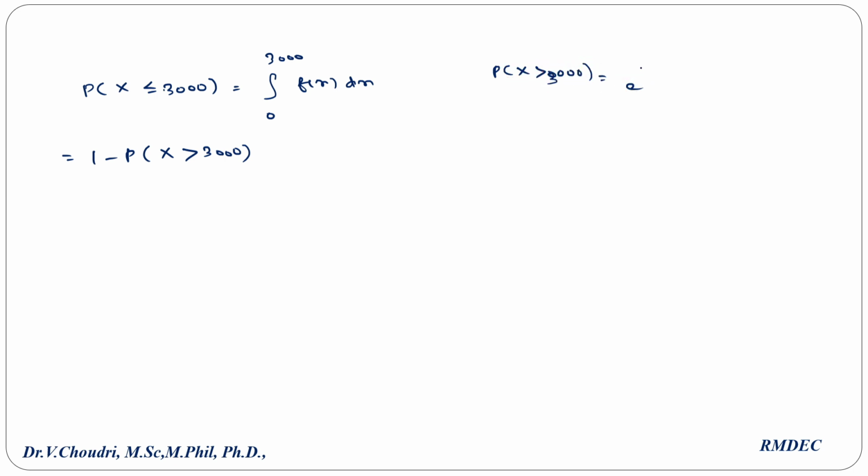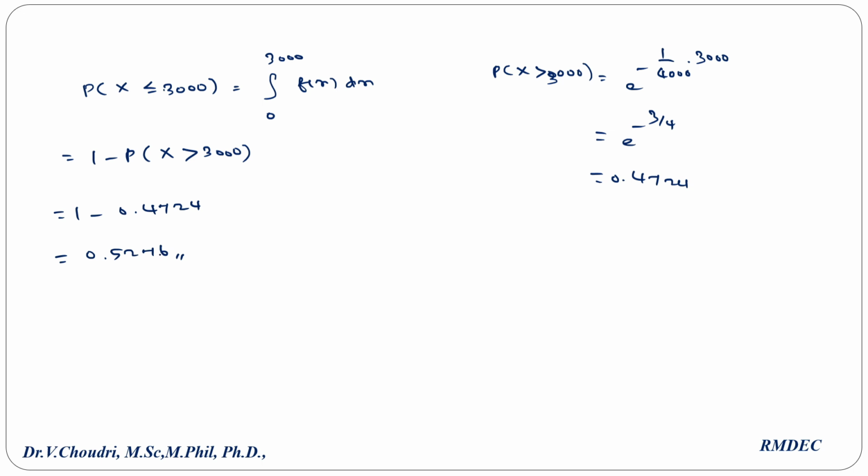That is e power minus 1 by 4000 into 3000, so e power minus 3 by 4, whose value is 0.4724. So the final answer is 1 minus 0.4724, which is 0.5276.